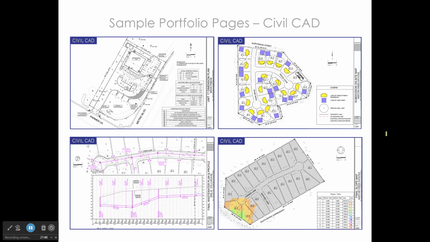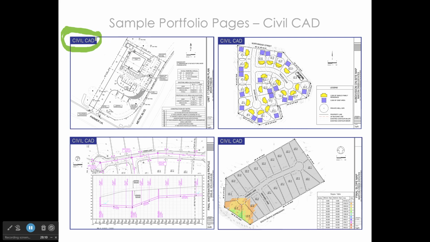Here are more sample sheets from Civil CAD, and this is the one I was talking about where the person designed a slide, and in the upper left corner they write Civil CAD. I think later in their portfolio they switched over and showed some architectural drawings, and so this changed to architectural CAD.